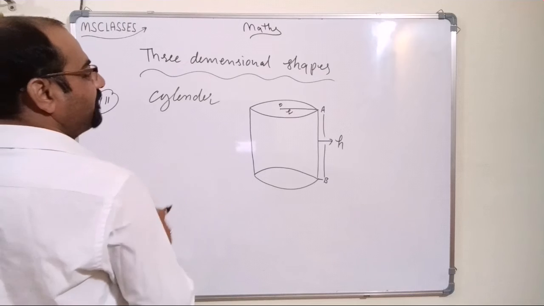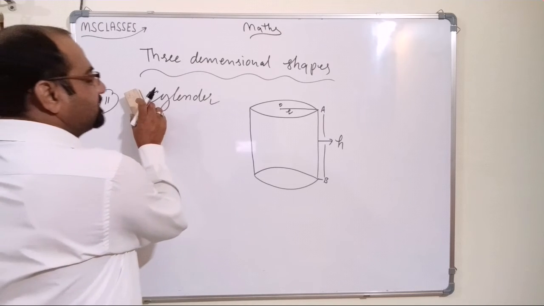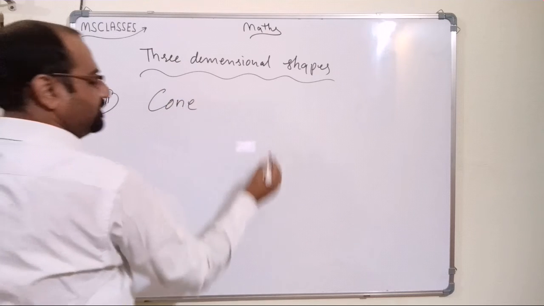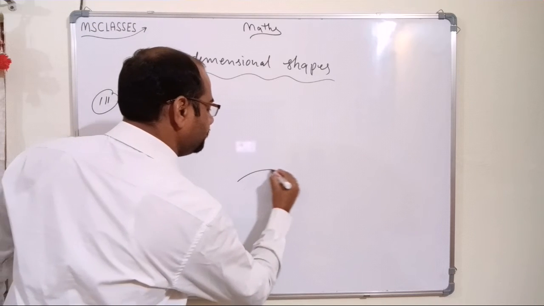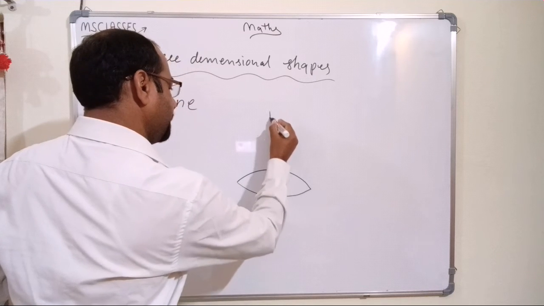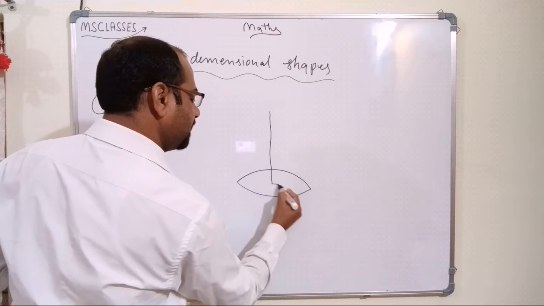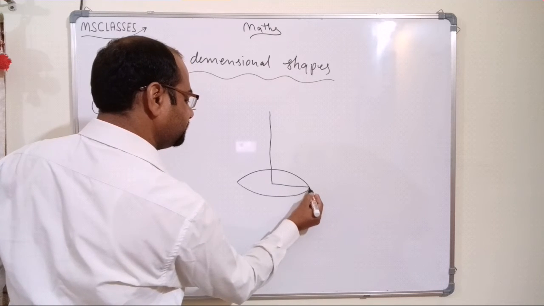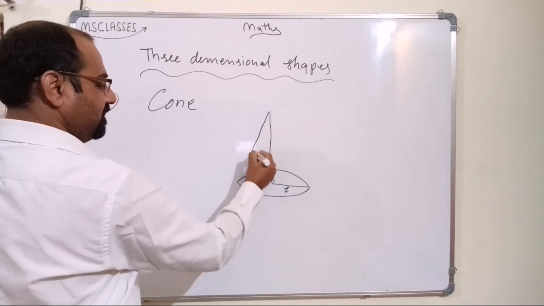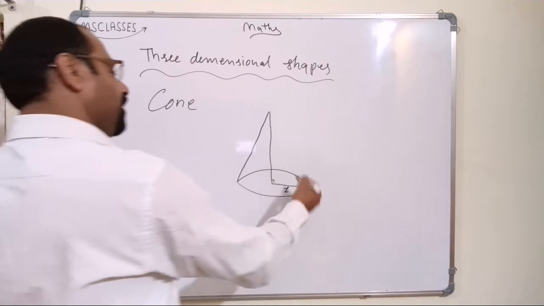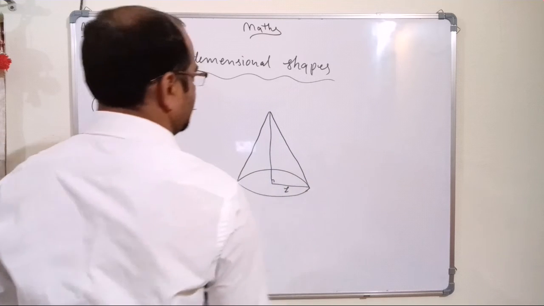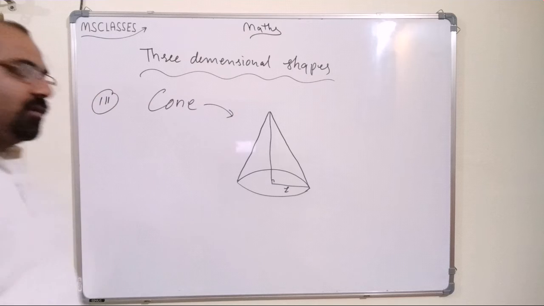Now after this we will discuss the cone. This is a right circular cone. When we make a perpendicular on the radius and we join two ends of the circular base with the top, then this is a cone.